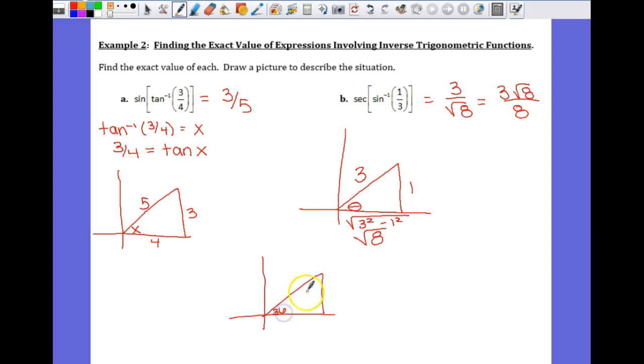So this would be a 30, 60, 90, right? So in a 30, 60, 90 on the unit circle, the radius or hypotenuse is 1. The radius of the unit circle. So think about what is the sine of 30 degrees? 1/2.